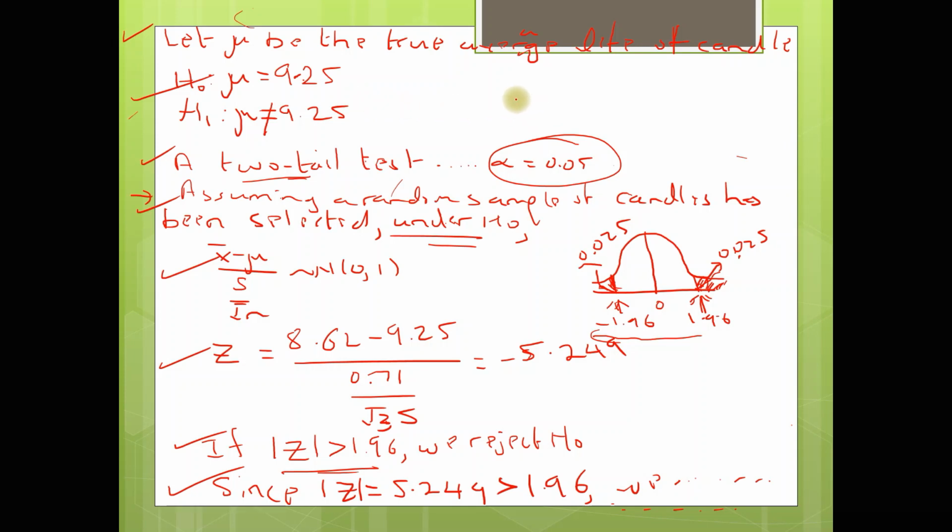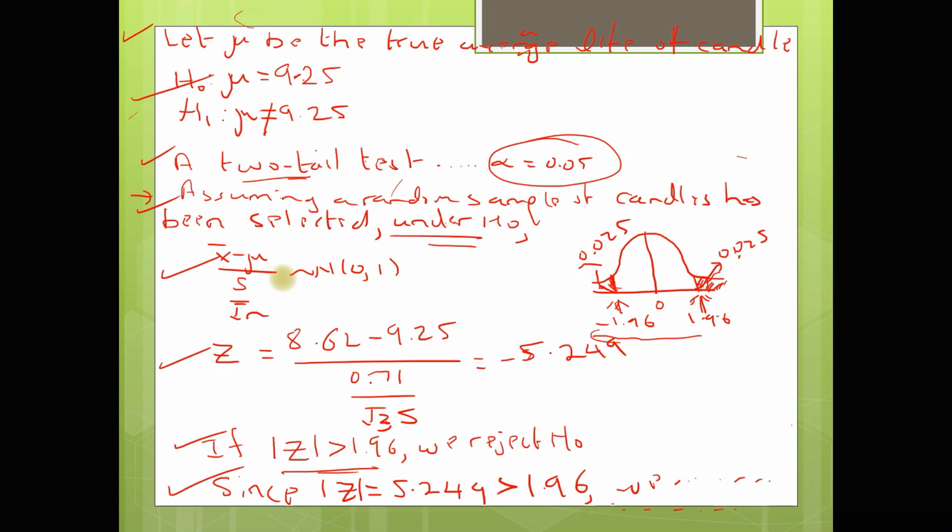You would say, we do not reject the null, or we have insufficient evidence to reject the null. So you would say, we reject the null, or we have insufficient evidence to reject the null. That's how you would conclude.